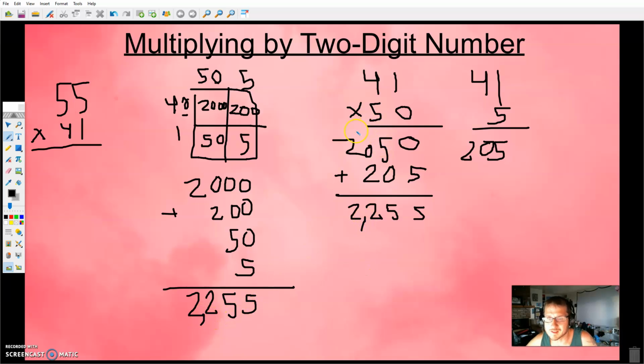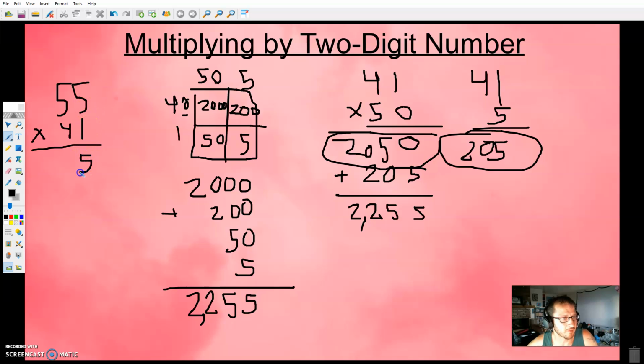Now I want you to notice here, you're going to see this number right here and this number right here appear as we use the standard algorithm there on the left. We're going to start by multiplying them both by the ones. 5 times 1 is 5. 5 times 1 is 5. Okay, so there's my 50 and 5 right there.